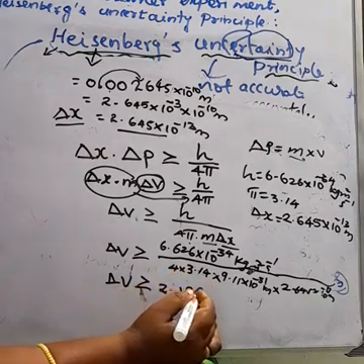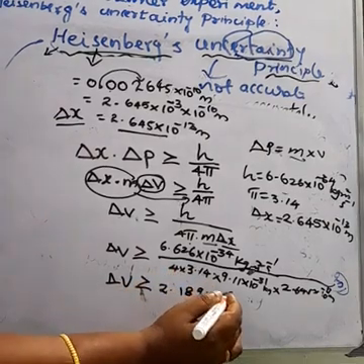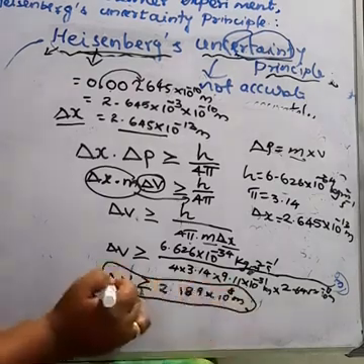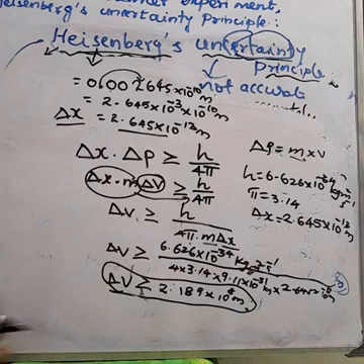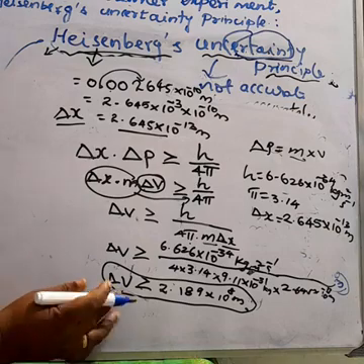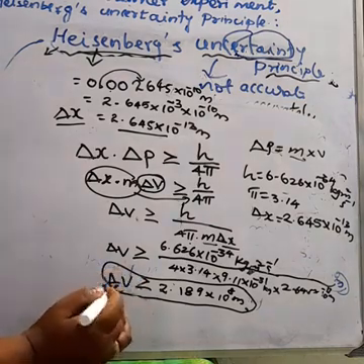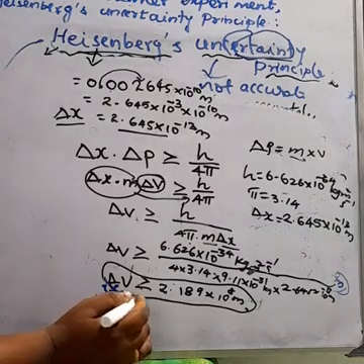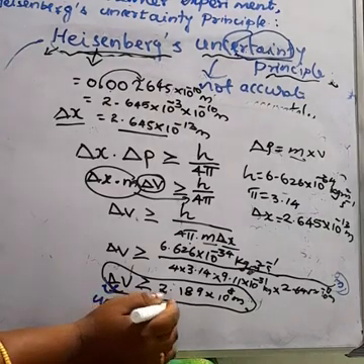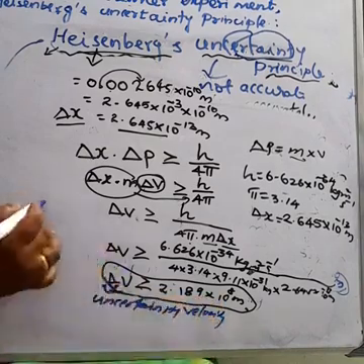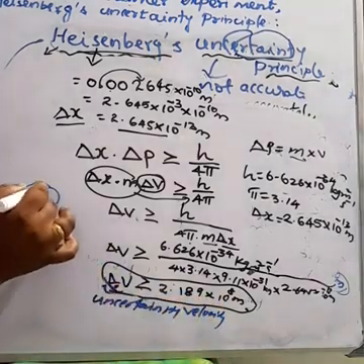This is the velocity of the electron in the hydrogen atom. Therefore, delta v means uncertainty in velocity. It will change. When the electron revolves around the nucleus, it can lose energy and the velocity will change.